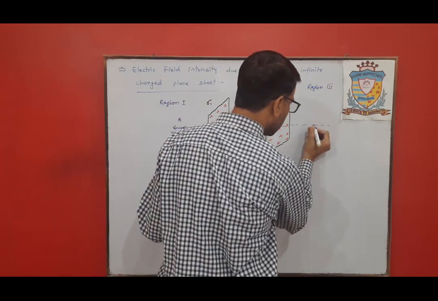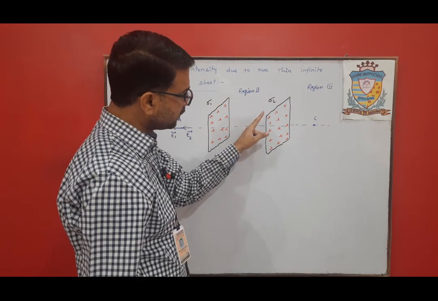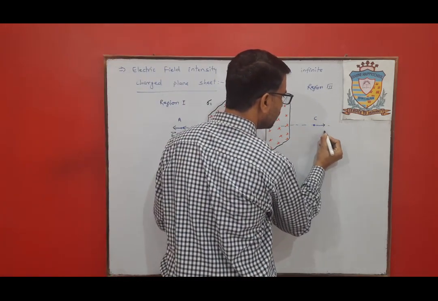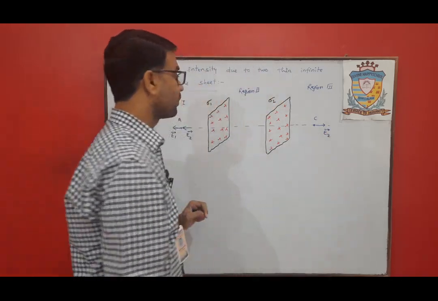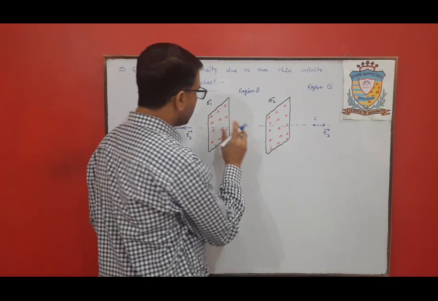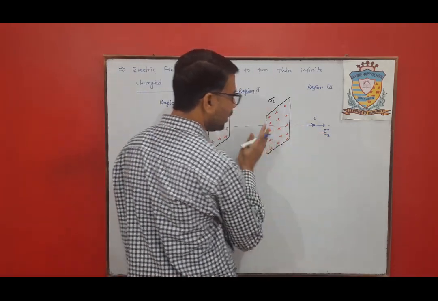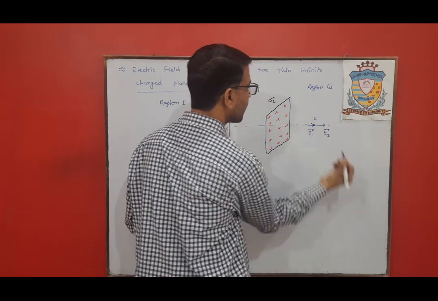Let here we have a point C. The direction of electric field intensity due to sheet 2 will be like this, and due to sheet 1, again radially outward, it should be like this.